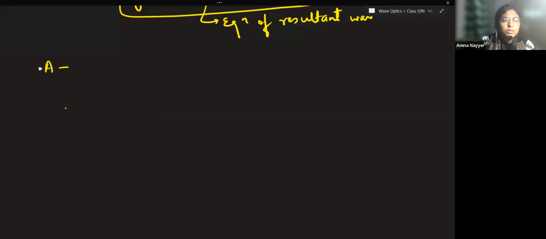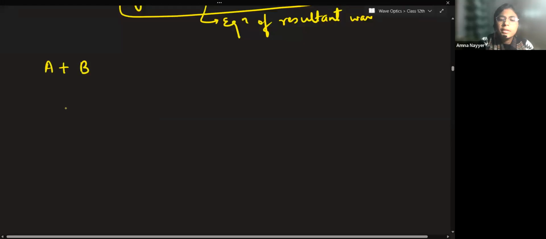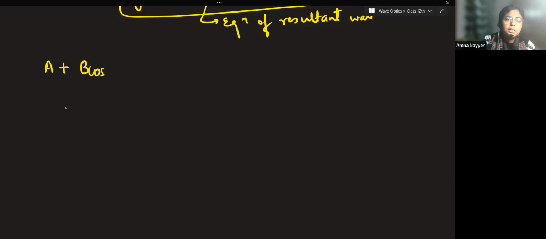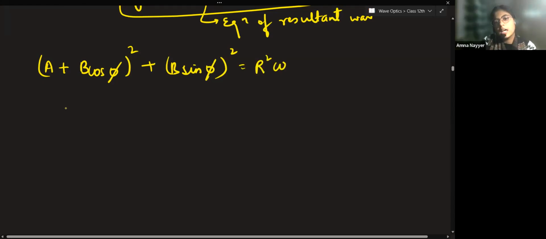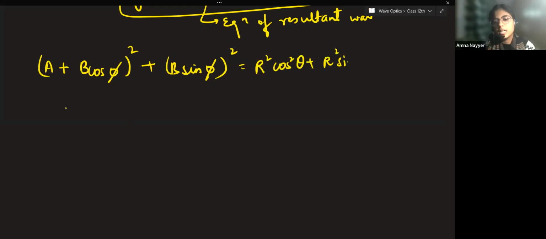So A plus B cos phi whole square plus B sin phi whole square. Both the left hand sides I have added. Now I'm adding the right hand sides, that is r square cos square theta plus r square sin square theta.